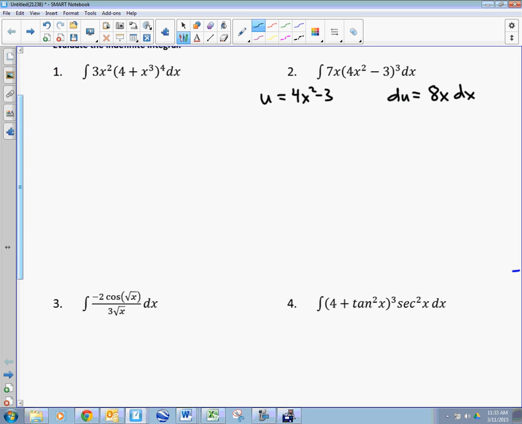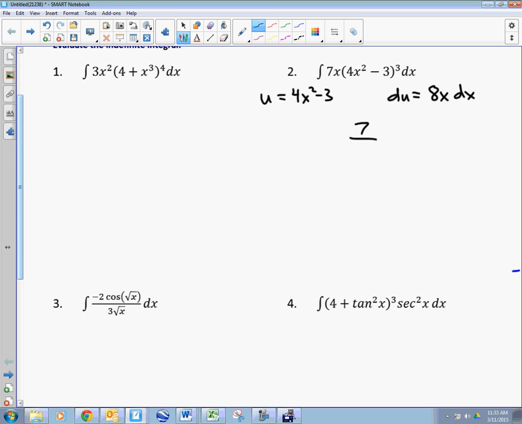I don't want an 8 in front of there. Instead, I want a 7. So how would I get rid of the 8? I would divide both sides by 8, right? And then you would multiply by 7. So what's the same thing as multiplying by 7 and dividing by 8?